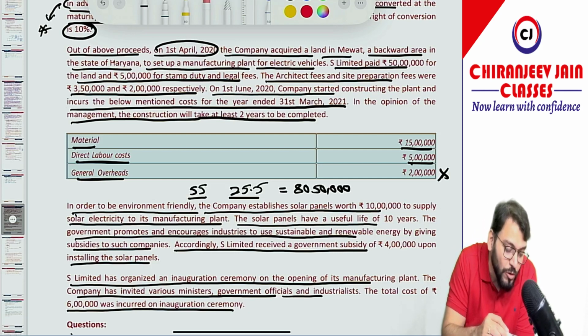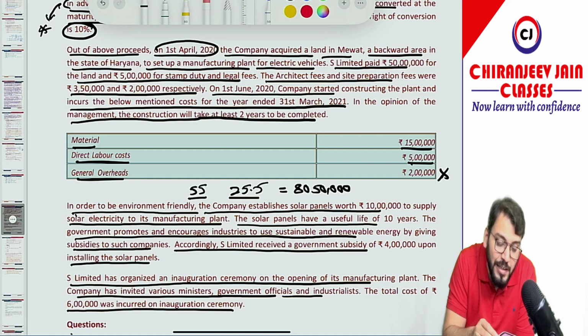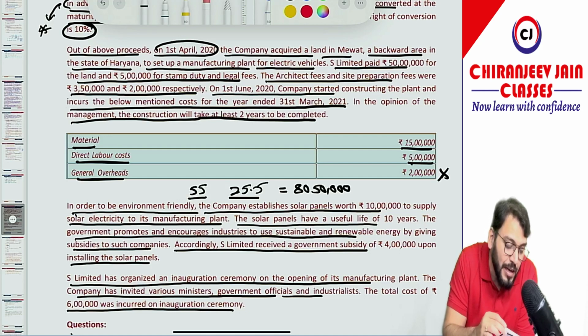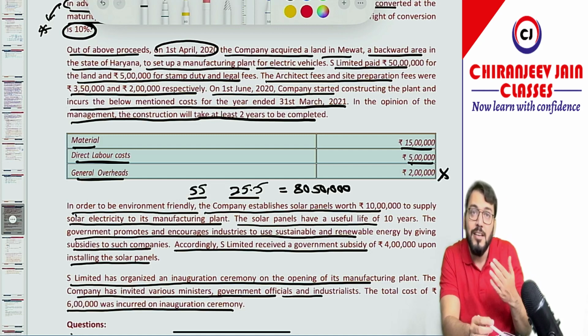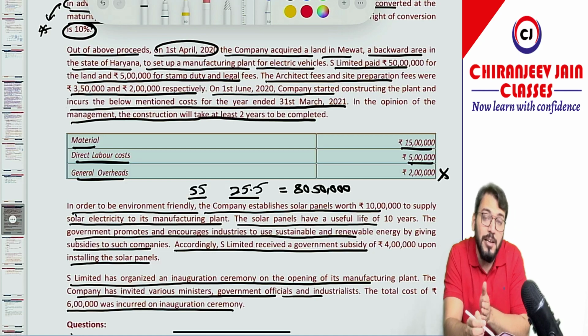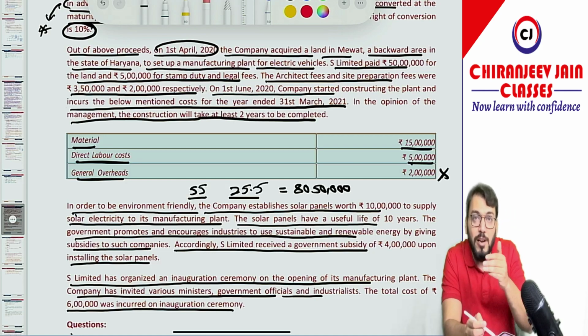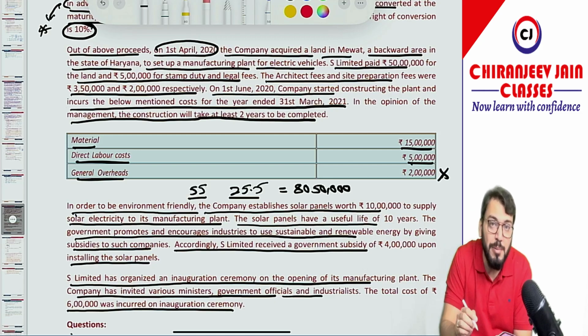But if you read the question, out of the above proceeds, the company acquired land in Mewat, a backward area in the state of Haryana, to set up a manufacturing plant. So you can also assume that the loan amount has been used for setting up the manufacturing plant. If that assumption is taken, whatever proceeds you have received are used for constructing the manufacturing plant, then the interest will be capitalized.